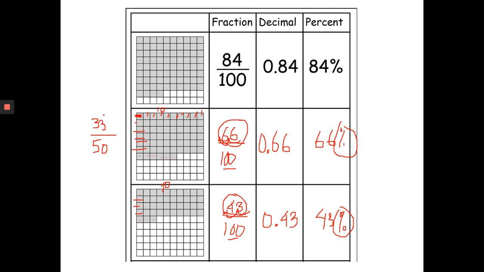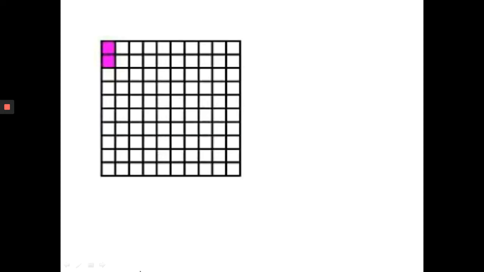That is the lowest term because there's no more factor we can divide to 33 that is also divisible to 50. How about for 43? Is there a factor? There's no more factor, so that is in lowest term already. Let's proceed to the next.